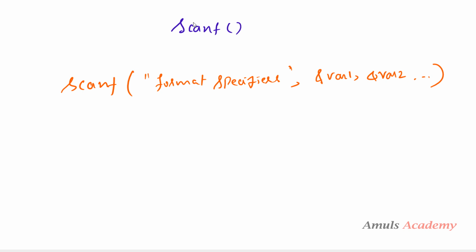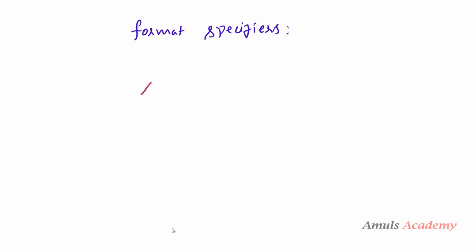So let's talk about the format specifier first. We already discussed the format specifier in the previous tutorial. A format specifier contains a percentage symbol followed by a conversion character, and we have different conversion characters for different data types. Format specifiers are used with input as well as output functions.